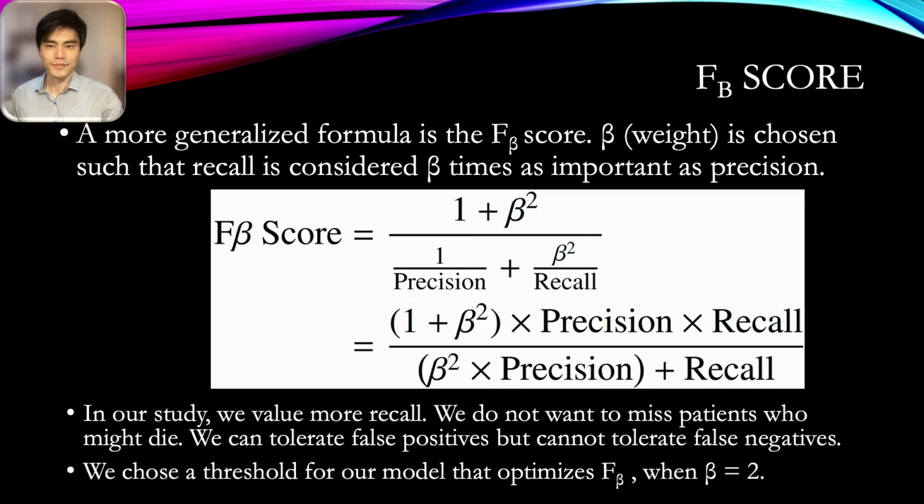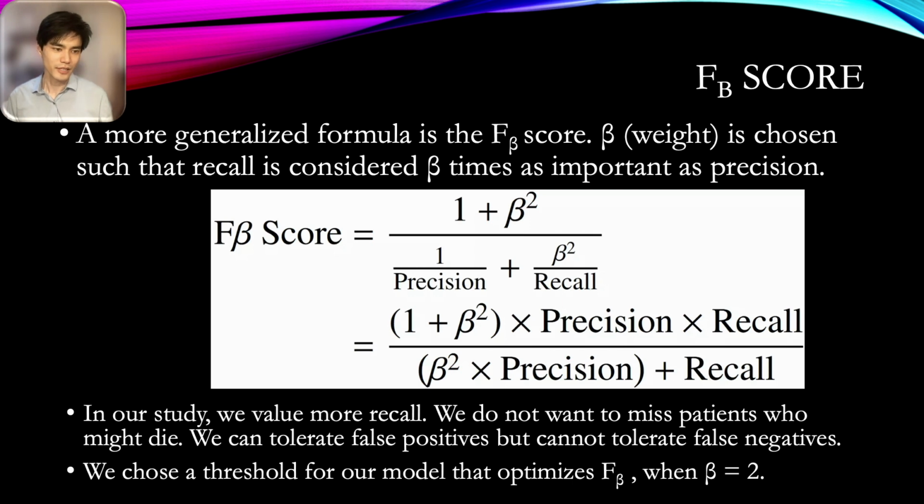So let's think about our study. Are we valuing precision or recall more? In our study, we value recall more because we do not want to miss patients who might die. We want to make sure we do not miss those people. We can tolerate false positives.